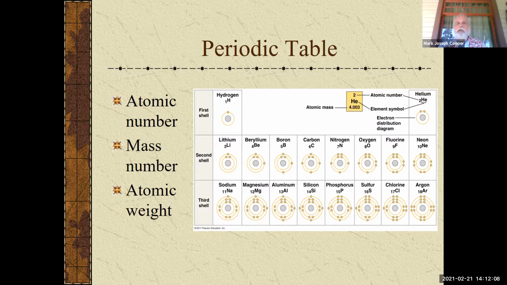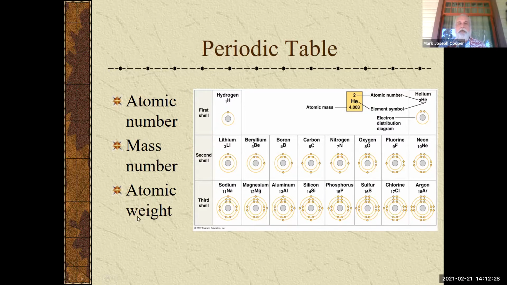So for instance, carbon 12 has an atomic number of 6, so it has 6 protons, and carbon 12 then would have a mass number. The 12 is the mass number, so it also has 6 neutrons, and we'll see that on another slide.